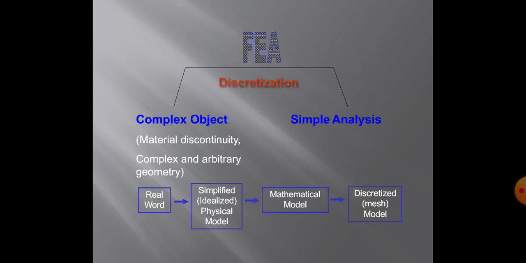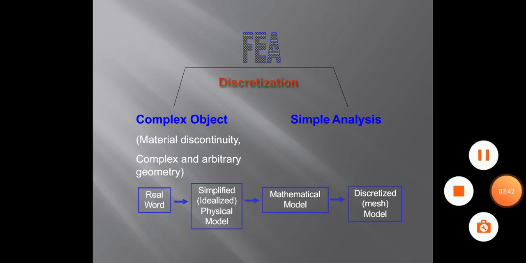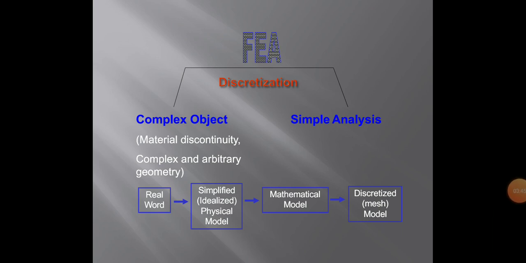Now next is FEM. Discretization is done for complex objects and for simple analysis. For simple analysis, discretization is very easy. For a complex object, we can say there is a material discontinuity, or a geometrical dissimilarity, or a loading dissimilarity; that type of problem comes under a complex object.